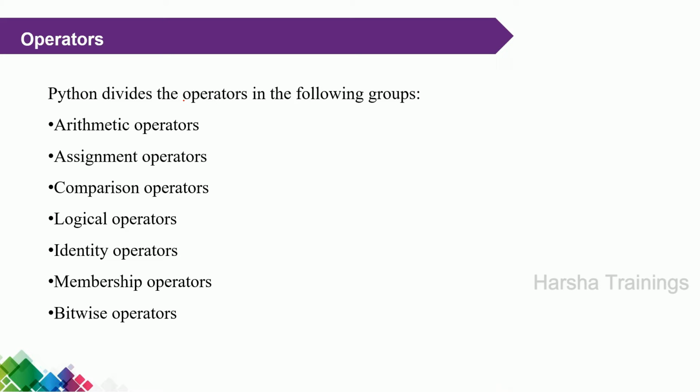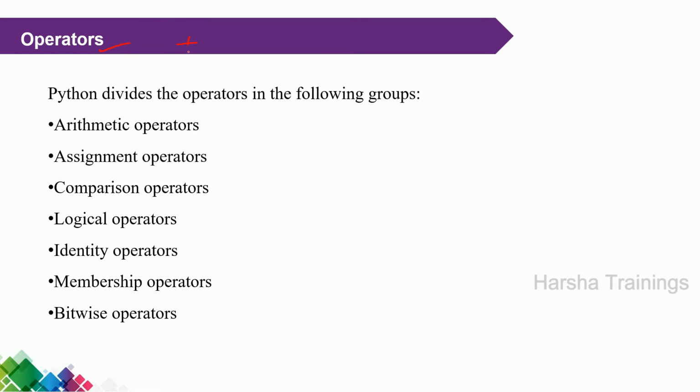For example, for addition you require the plus symbol. For multiplication you require the star symbol, for division the slash symbol, like that. Minimum operators are required to perform any small program. An operator is simply a symbol which is used to perform an operation.